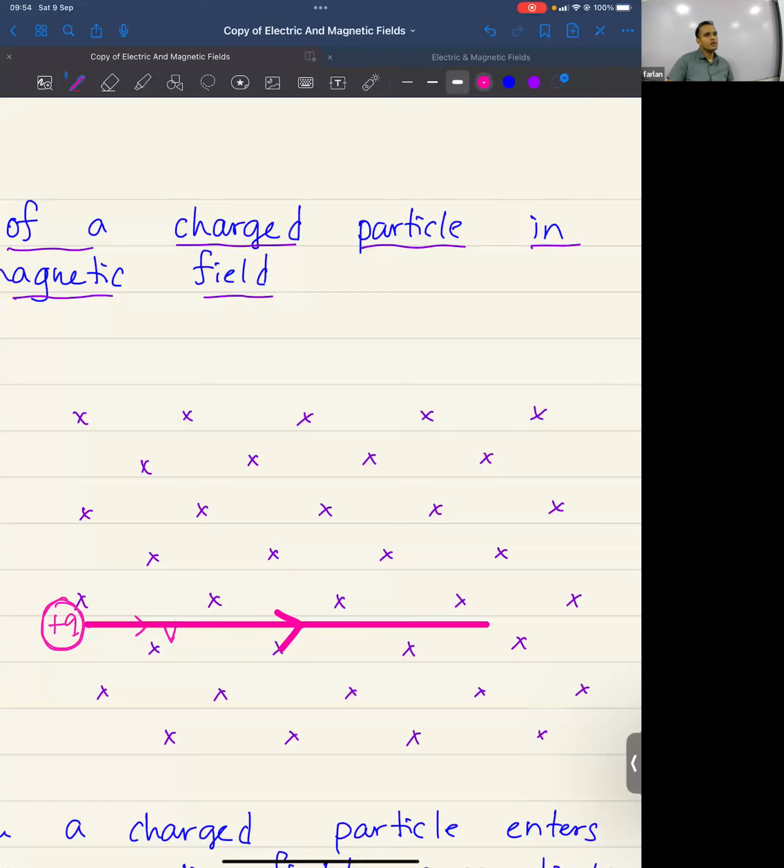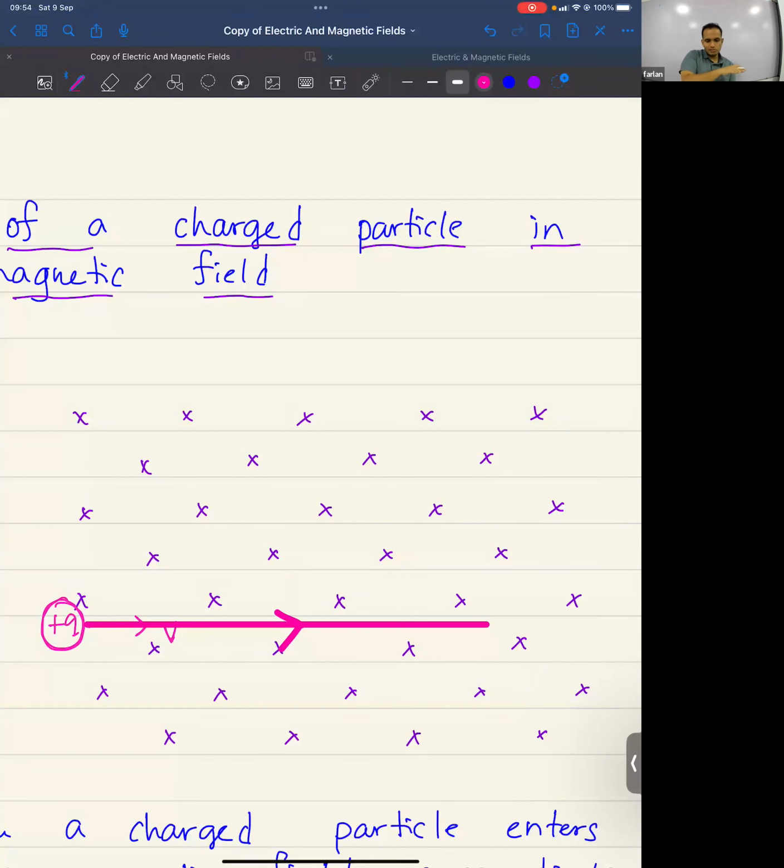Correct? So guys, the rate of flow of charge is what we consider to be the current. A charge moving means a current flows. The direction in which a positive charge moves is what we consider to be the direction of the current as well.